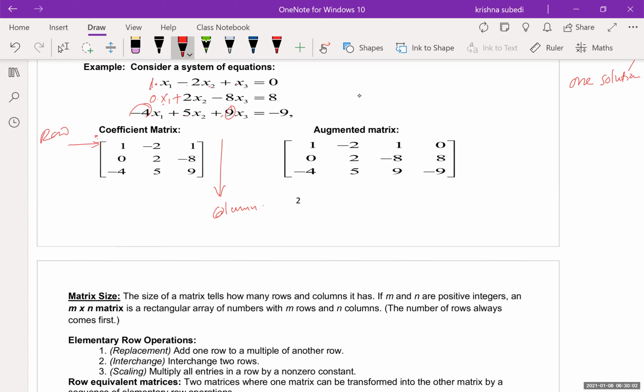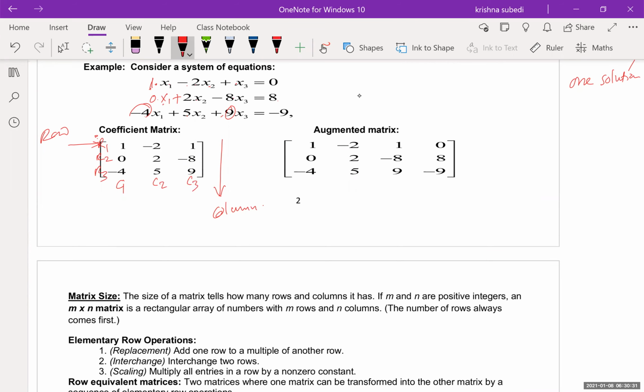So how many rows are there? This is your row 1, this is row 2, row 3. In other words, there are 3 equations. The number of equations determines the rows. And the columns, how many columns are in this one? It's column 1, column 2, column 3.